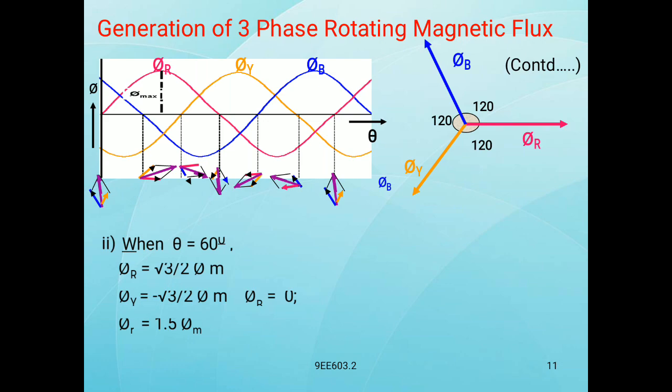So here φr and φy are two quantities in opposite directions. φr is positive √3/2 φm and φy is minus √3/2 φm. So φb is equal to 0, and here also the resultant flux of the rotating magnetic field φr is equal to 1.5 φm.